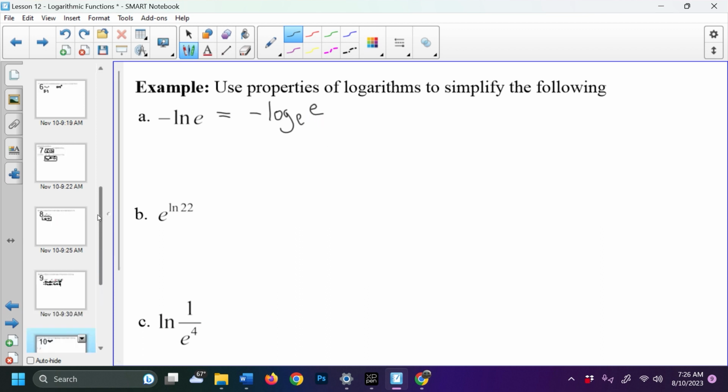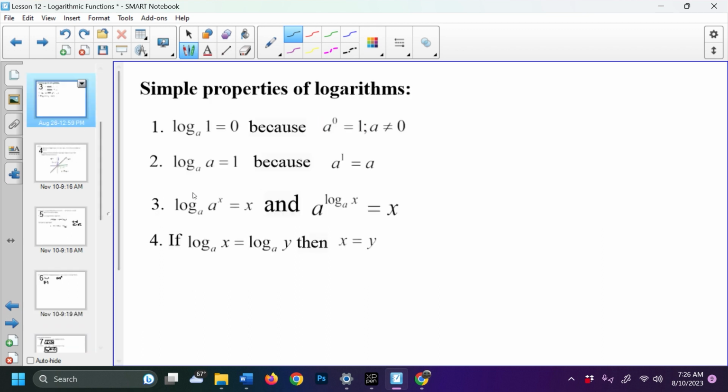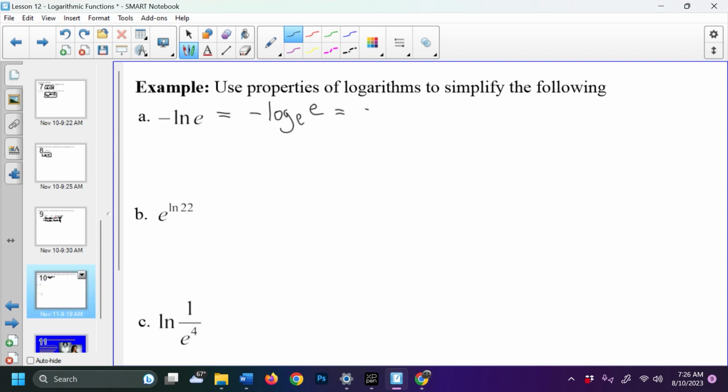Well, if we go back to that list of properties, log base a of a is equal to 1, and so we can say that we still have this negative, and this log base e of e is just 1, so I get negative 1. But the real takeaway, the most important part from this that you can take away, is that the ln of e is always going to be equal to 1. Please put that in your long-term memory.